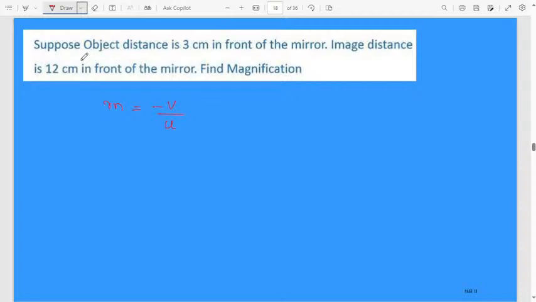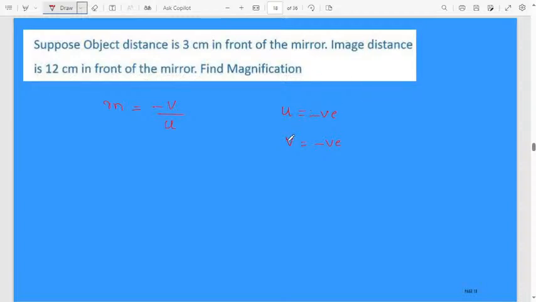And here an important thing you have to remember: suppose the object distance is 3 centimeter in front of the mirror. If the object is placed in front of the mirror, then u and v both we will consider as negative. Object distance is 3 centimeter in front of the mirror, image distance 12 centimeter also in front of the mirror.